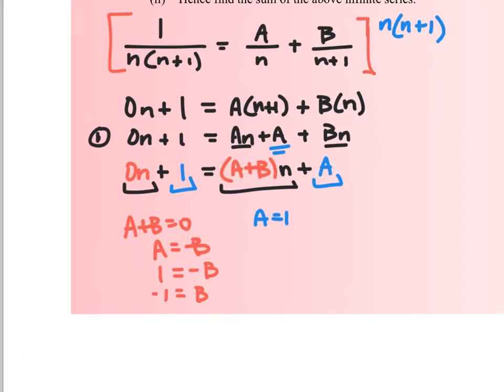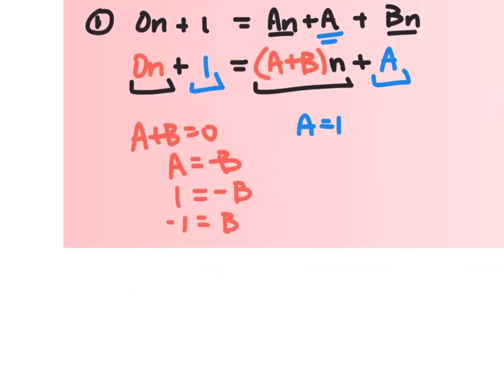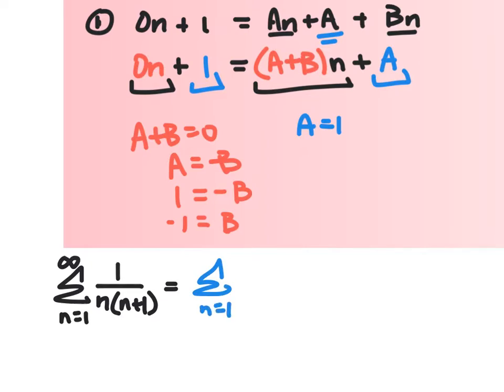Okay, so if a equals 1 and b equals negative 1, then 1 over n times n plus 1, its sum from n equals 1 to infinity would be equivalent to the sum from n equals 1 to infinity of a over n plus b over n plus 1.